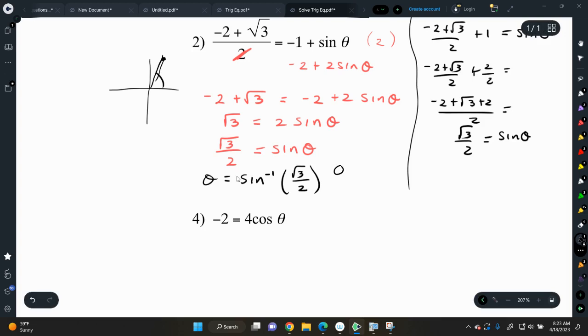So we're looking at theta equals 60. Where else is it going to be like that? It's right here at 120. How about 240 and 300? Will they work? No, because sine is negative there. So it won't work. So there's our answer.